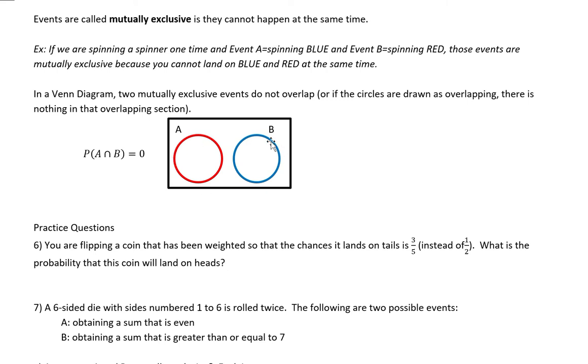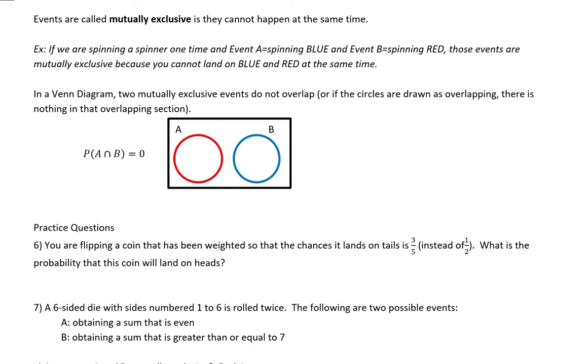See how these circles don't even overlap. Or if they do overlap, there's just nothing in that center section. That center section is just blank or a zero. The probability of A and B happening, the probability of having a yellow sheep, or of a student being in music and art, would be zero if they're mutually exclusive. That's all we mean by mutual exclusivity.